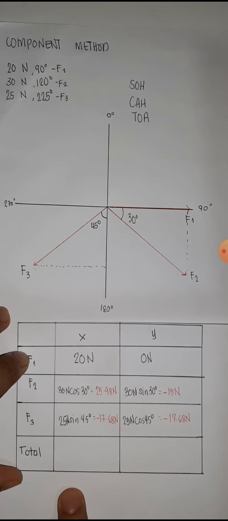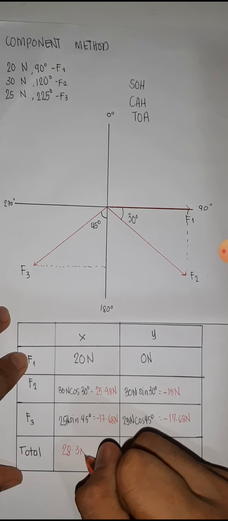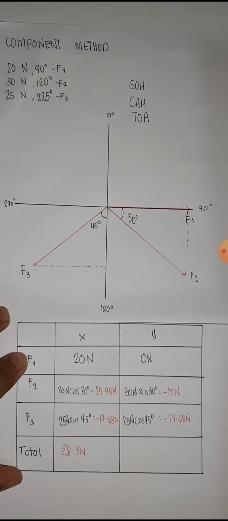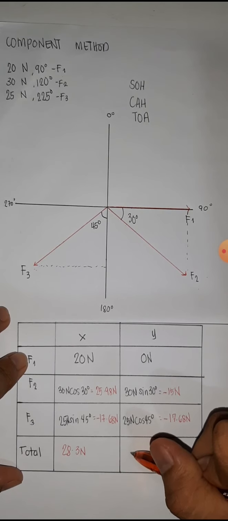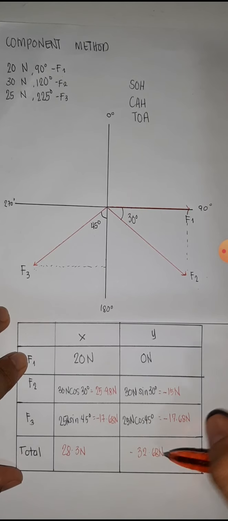For your x, 25.98 minus 17.68 plus 20 is equivalent to 28.3 Newton. Your negative 15 minus 17.68 is equivalent to negative 32.68 Newton.